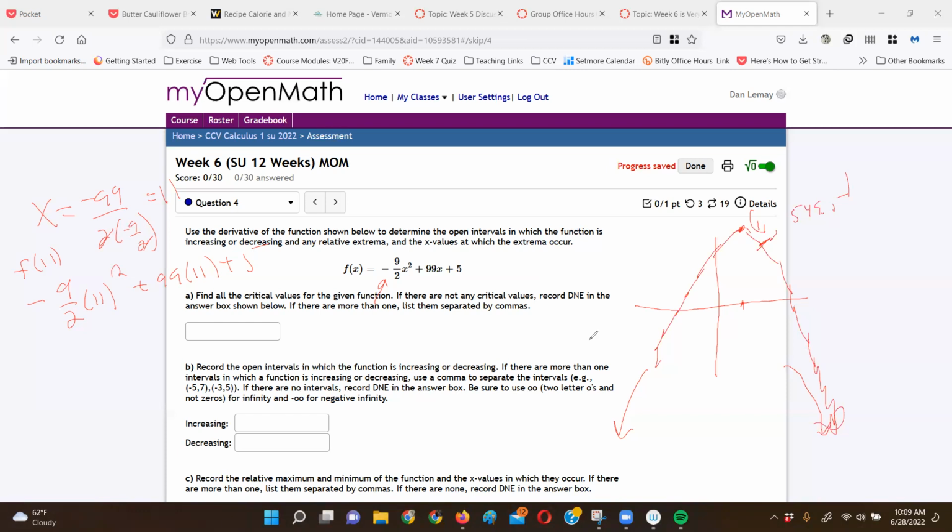When is this function increasing? It's increasing here. This function is increasing from -infinity until 11, then it's decreasing from 11 until infinity. And then what's the relative maximum, relative minimum? Well, this actually has an absolute.